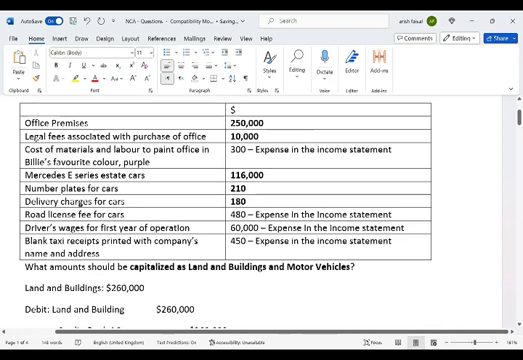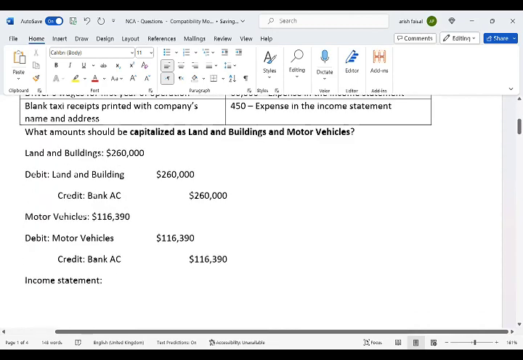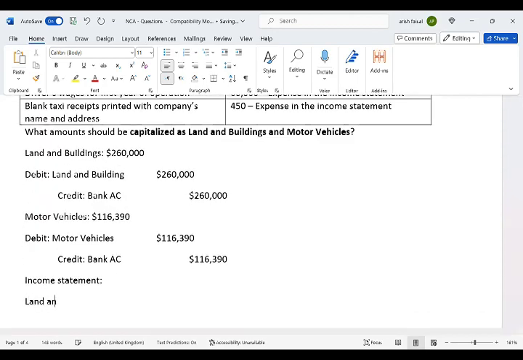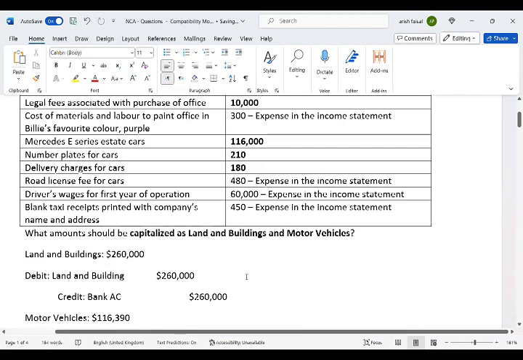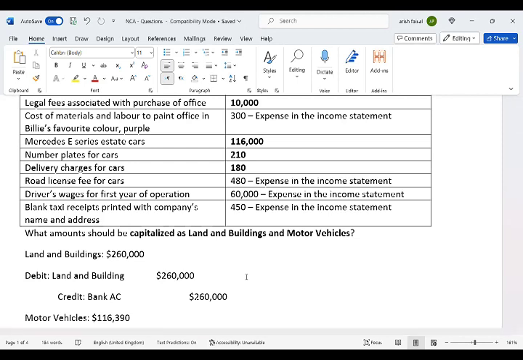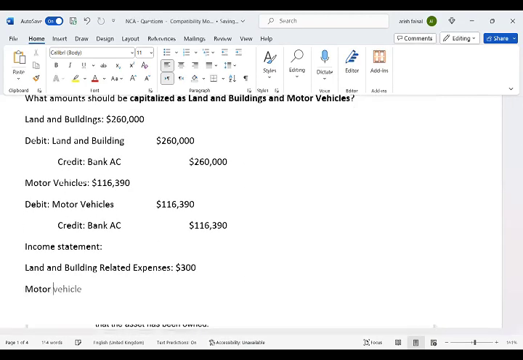From the land and building side, you have an expense of 300. And from the motor vehicle side, you have a total of 60,000 and 480, plus 450, that makes 60,930. That will be your motor vehicle expenses.